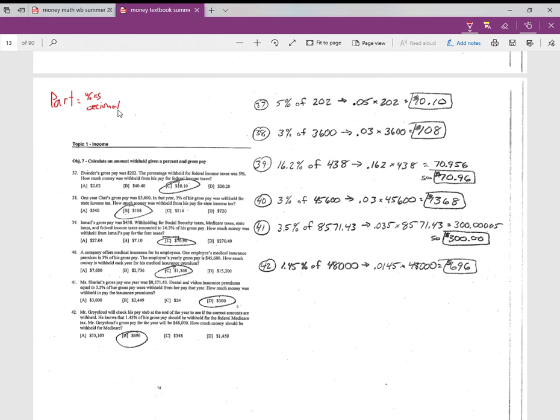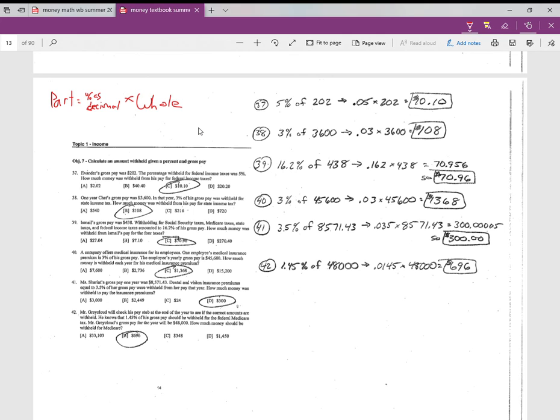And we would take that times the whole. Okay, so that's the percent equation.